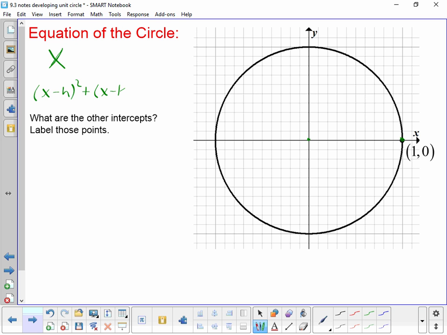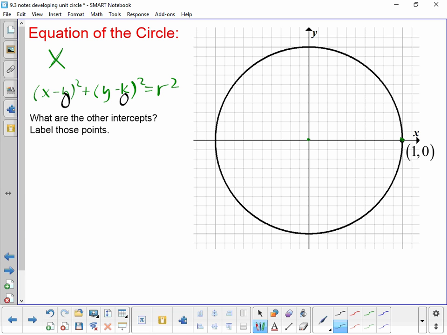Well, that should be a y. Well, for our little circle, the center is at the origin, so the center is located at the point (0, 0). That (h, k) is the center of the circle.